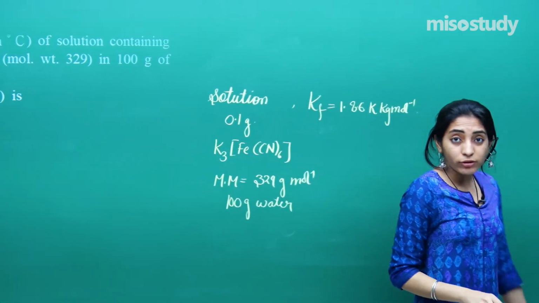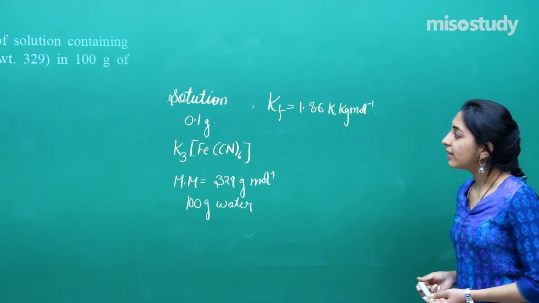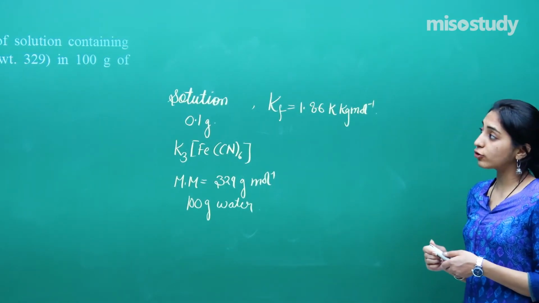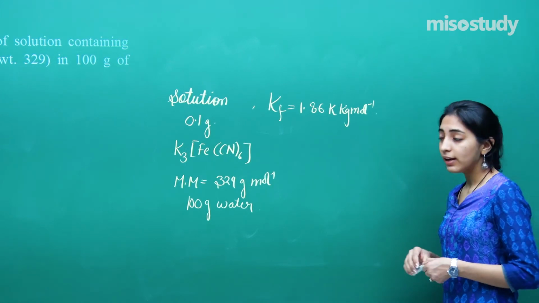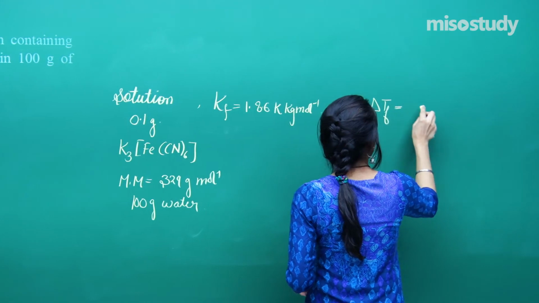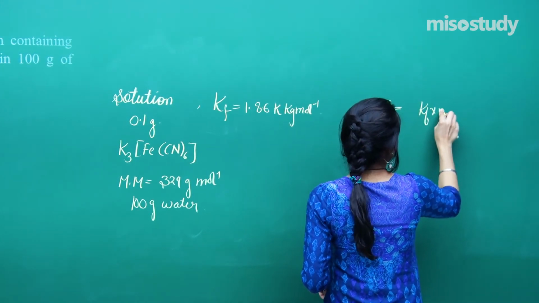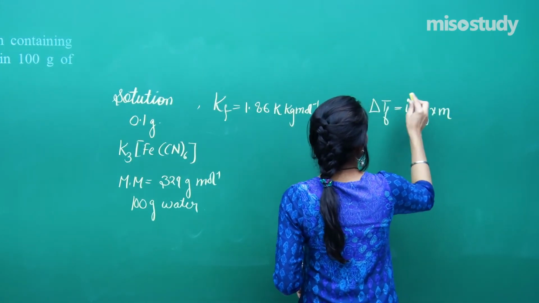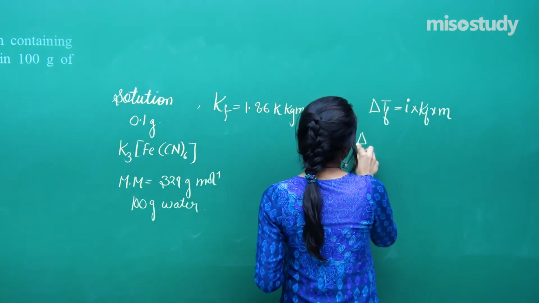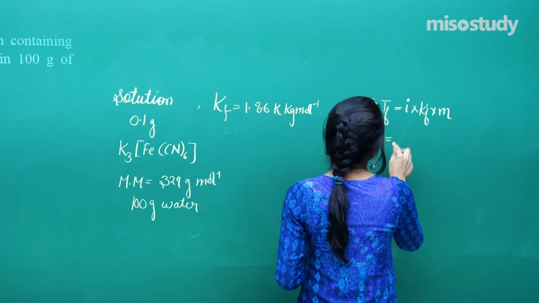Now see, this is given to me, and he has asked you to calculate the freezing point. So we know we can simply write delta Tf is equal to Kf into molality, but please do not forget to take into account the van't Hoff factor i.